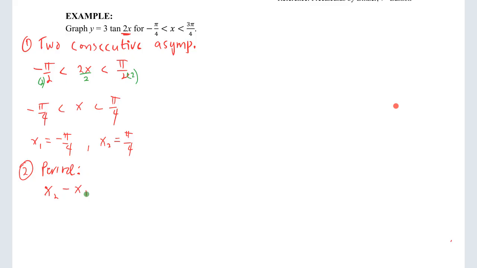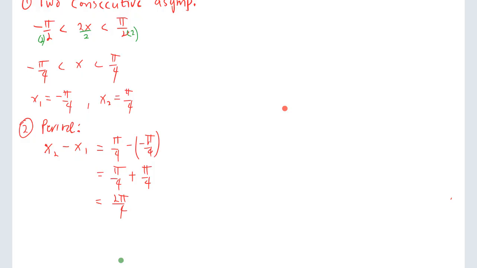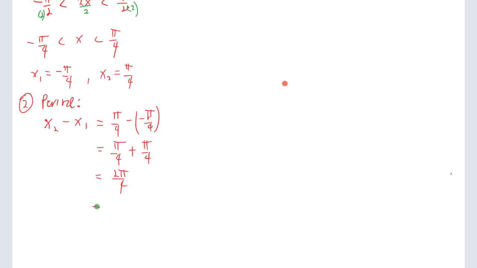So we have x sub 2 minus x sub 1, which is pi over 4 minus negative pi over 4. In this case, we have pi over 4 plus pi over 4, which gives us 2 pi over 4, and simplifying this would be pi over 2.